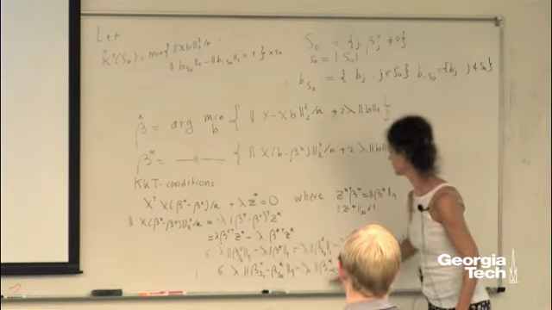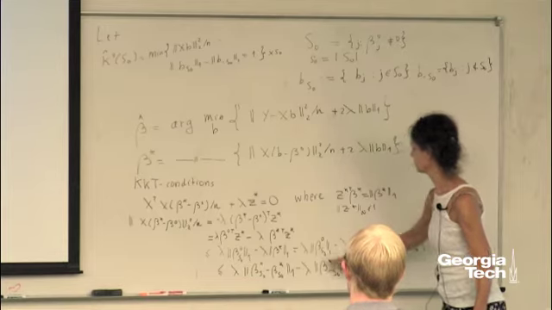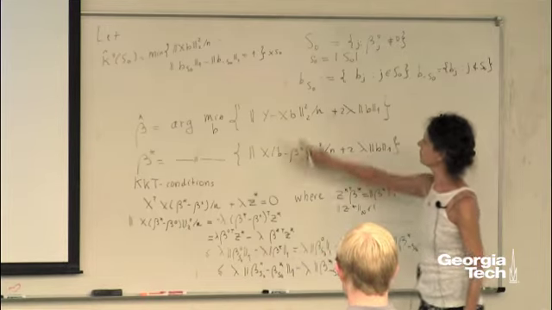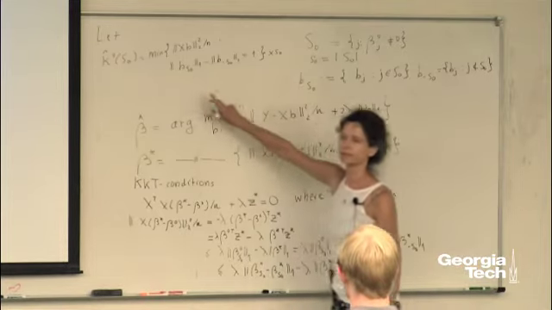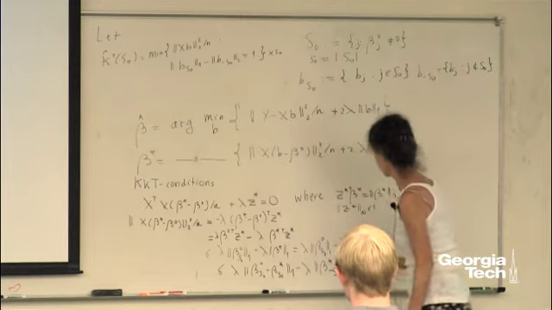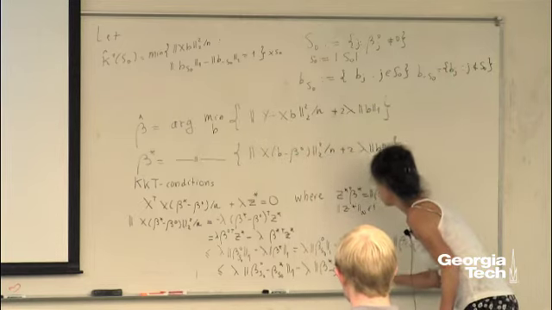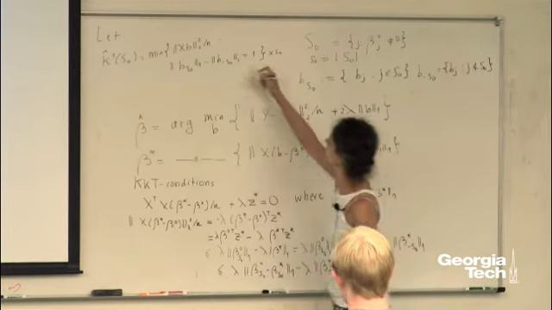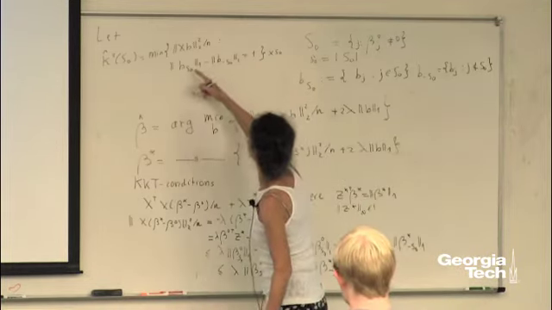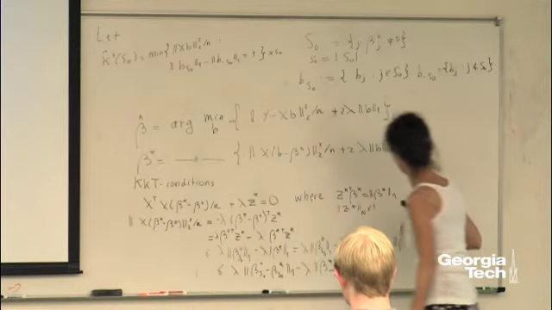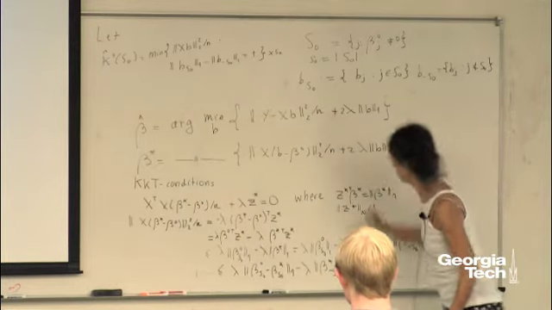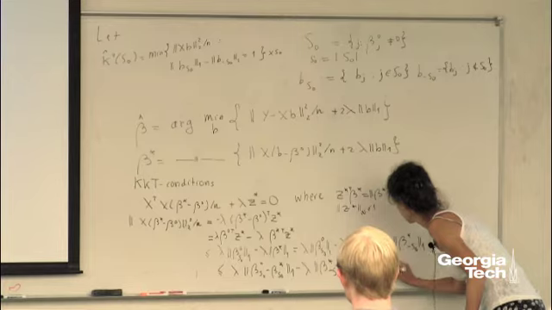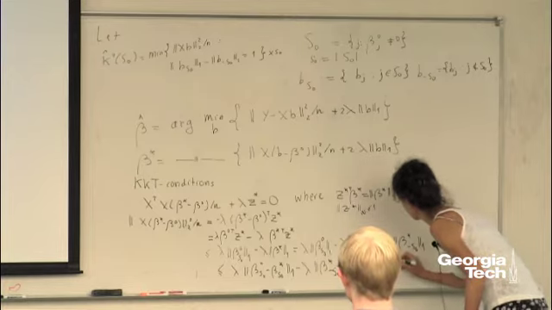But if this is positive, it means that this term is larger than that term. And then with this normalization, you can bound it by lambda. Let's put a square here. Kappa.